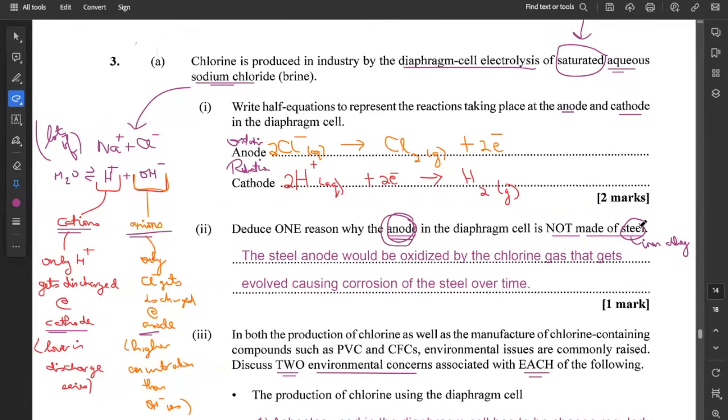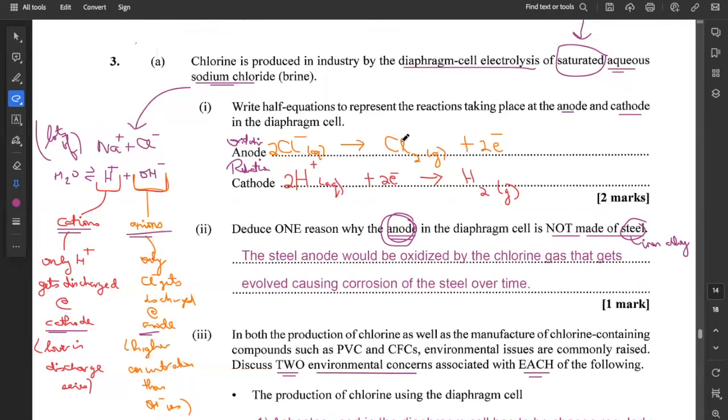So we know that steel is an iron alloy, right? And at the anode, what's actually happening is that we have chlorine gas being evolved or liberated, right? And so what would happen if we were to have steel at the anode is that the chlorine would oxidize the steel anode.